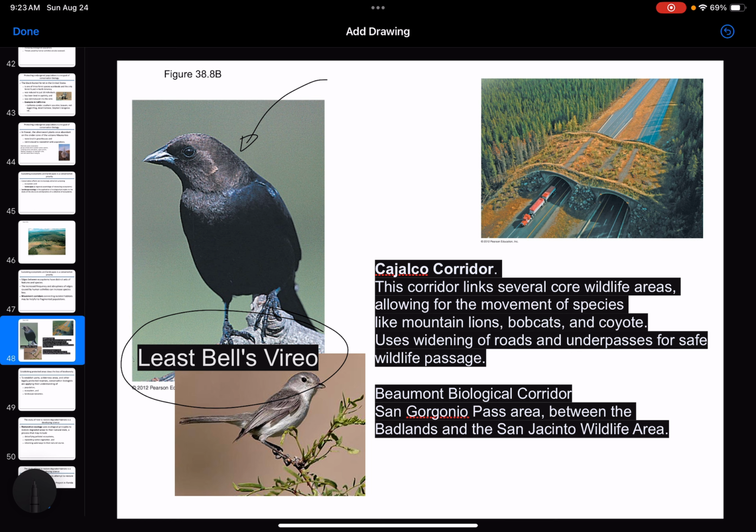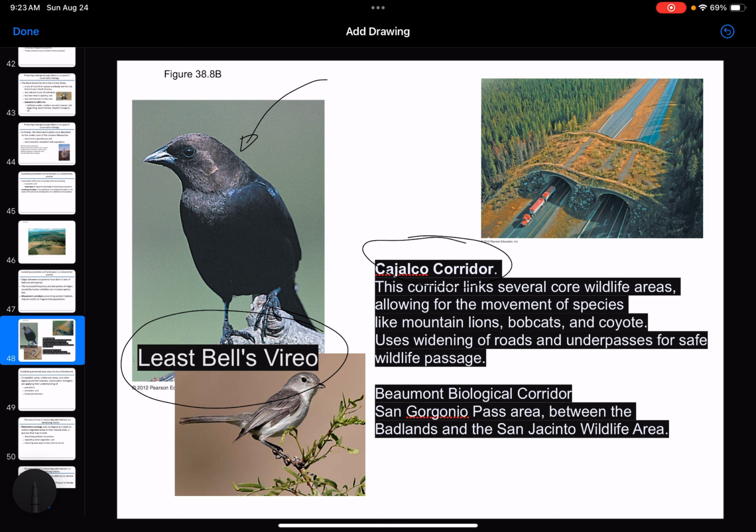Examples of biocorridors, right, include, maybe as a surprise to you, Cajalco. That little expressway there is an actual corridor. It was intentionally made wider to increase the odds of successful crossings by things like mountain lions, bobcats, coyotes, right?